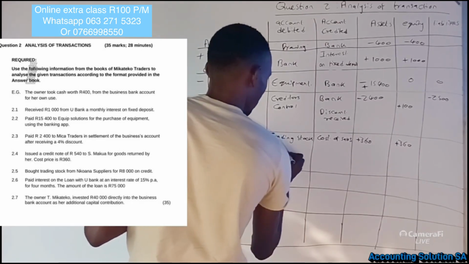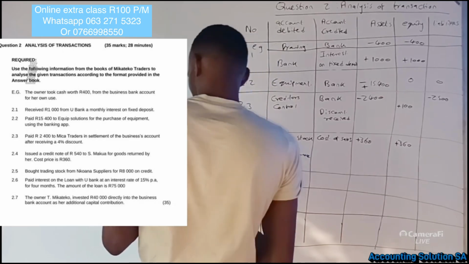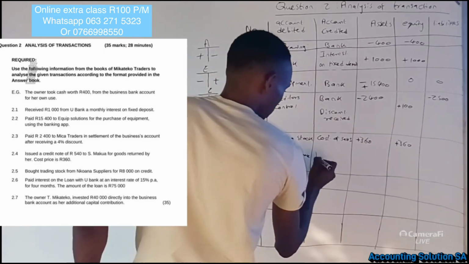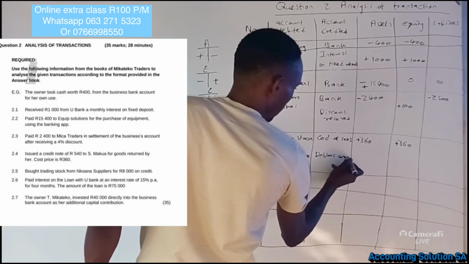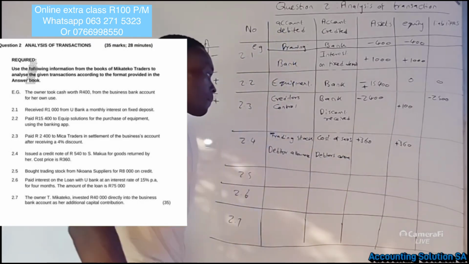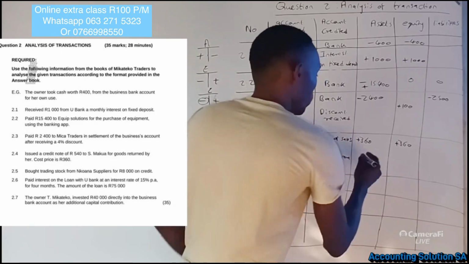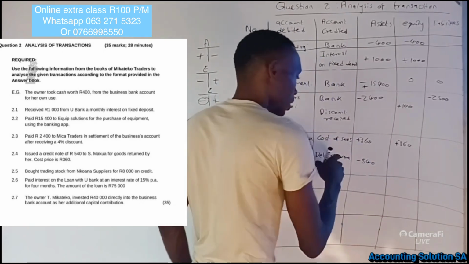And another one, we're going to have debtors allowance. Once a customer returns something, guys, we must have a debtors allowance, which is equity, and debtors control. Debtors control, guys, is an asset. In other words, this person no longer owes this amount of 540. We have to subtract it under debtors control.